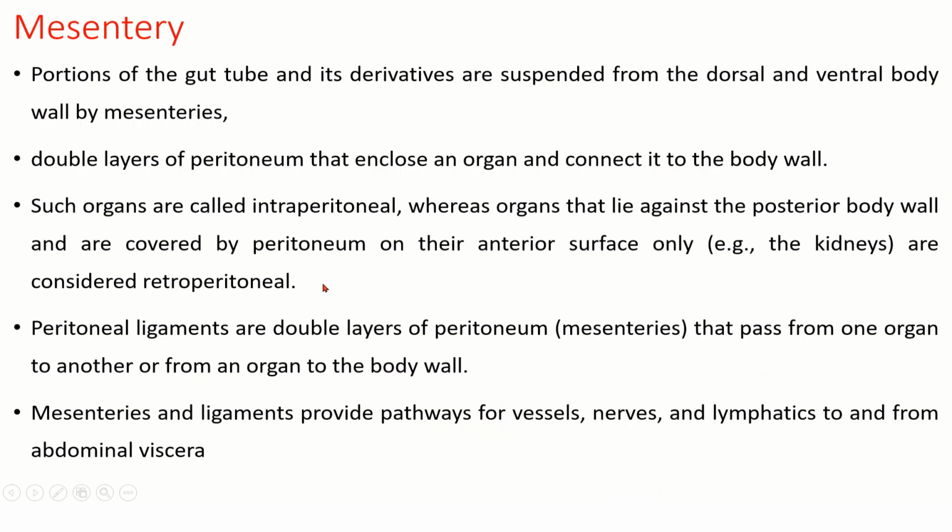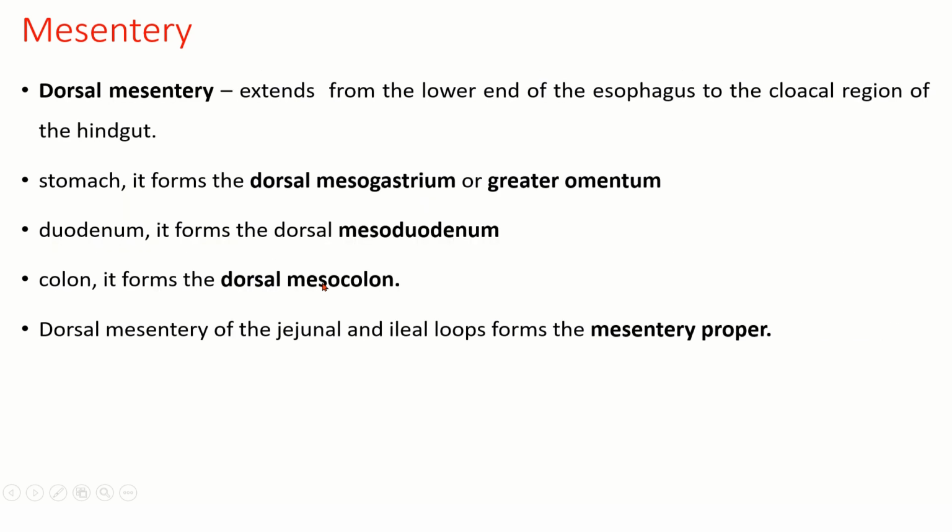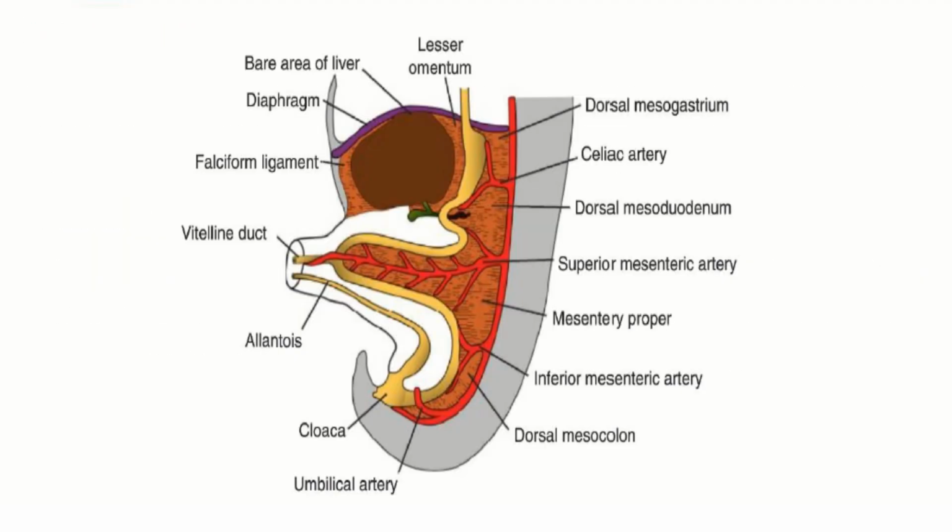So, mesentery. This is the entire gut tube extending from the lower part of the esophagus to the hindgut. There is a vast dorsal mesentery, whereas the ventral mesentery is only present in relation to the lower part of the esophagus, stomach, and proximal part of the duodenum.